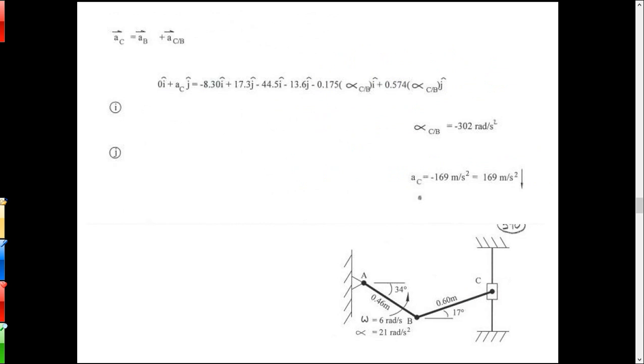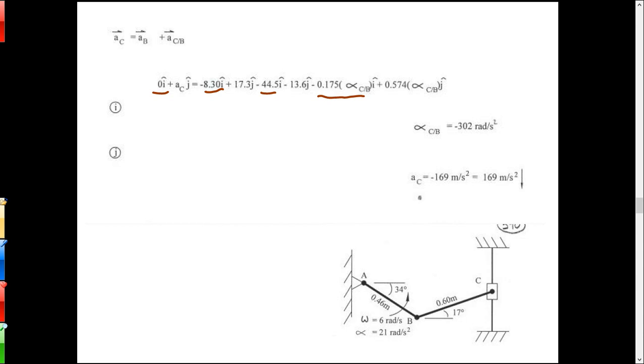So you get to this equation here, and this thing has i components that I'm going to underline here, and j that I'll leave underlined. So you just go ahead and pull out the i's first, because we have two unknowns in this expression. We got the acceleration of C, which is only in the y direction, so it just has a j component. That's on the left.